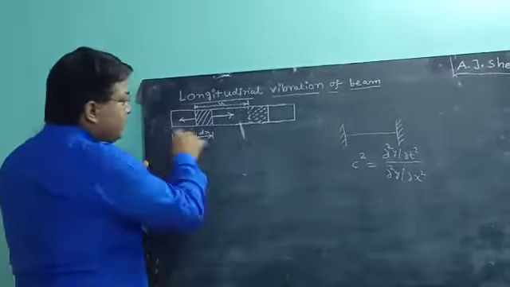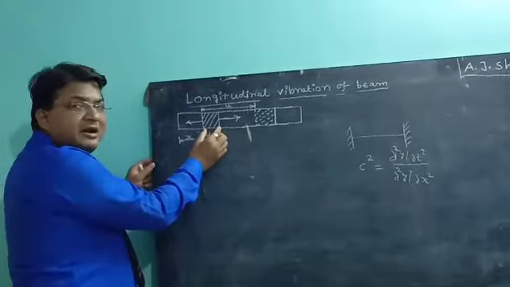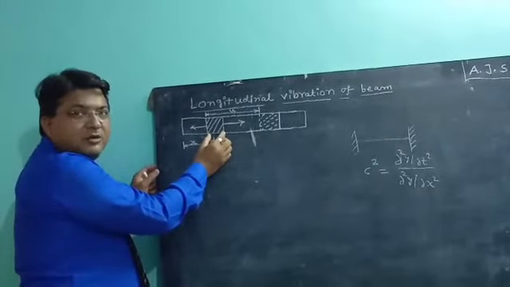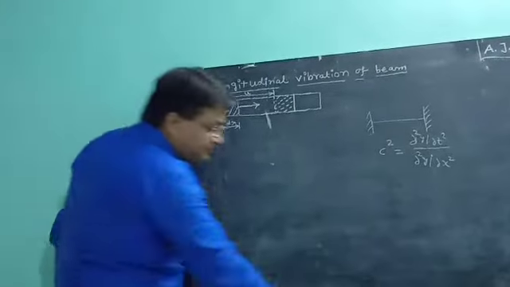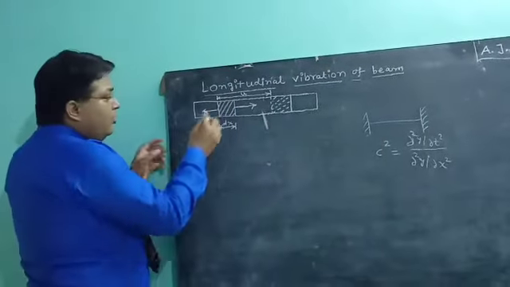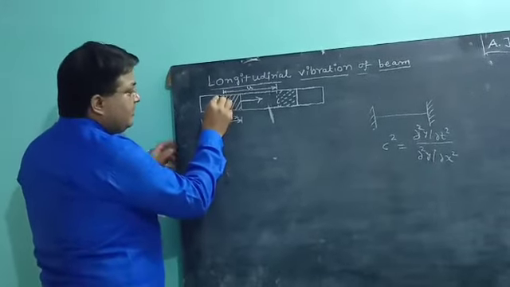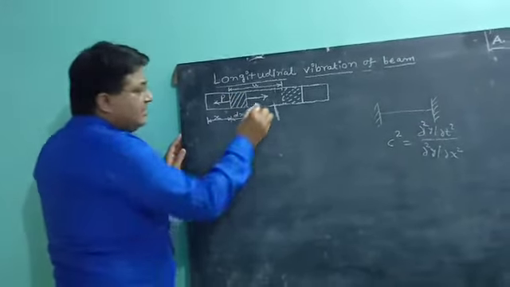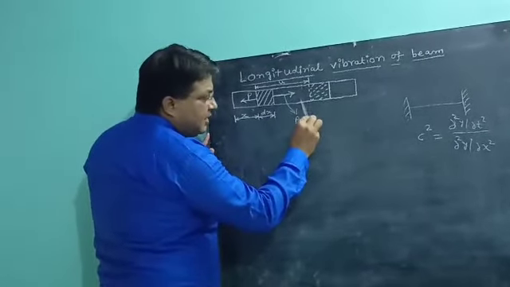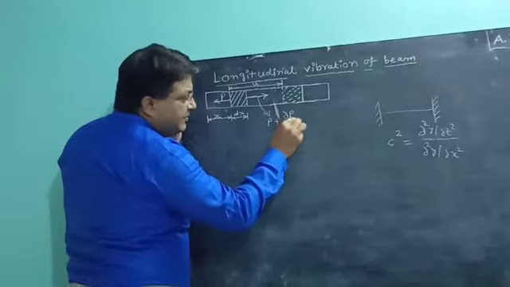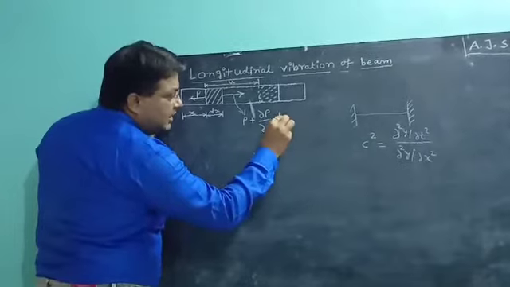where I have drawn a beam. One elementary strip or elementary area dx I have taken, whose length is dx and width is something, and the load offered on this side is P, and obviously on this side it is P plus del P by del x into dx.